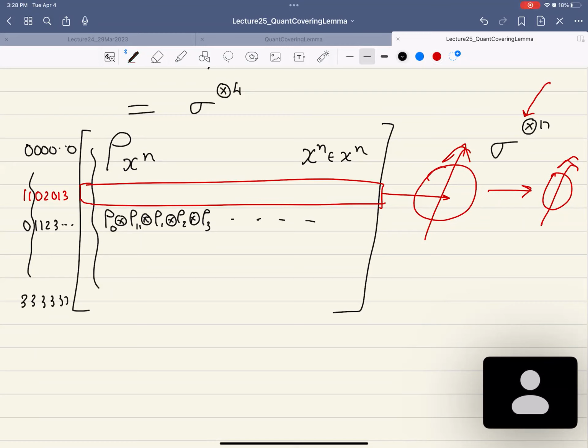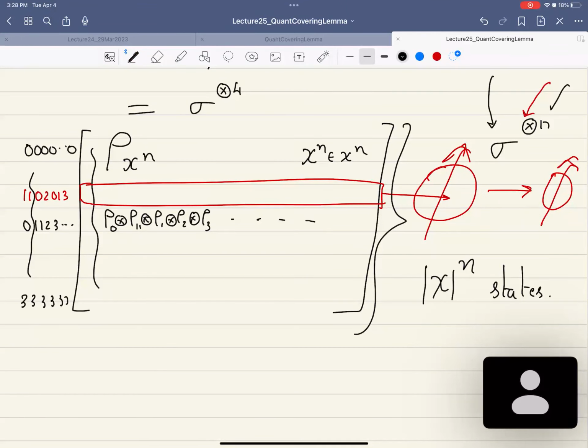Now I have been able to simulate the quantum state sigma tensor n through this library of cardinality of x to the power n states. Now, the question is, can I simulate sigma tensor n with a smaller bank of states?